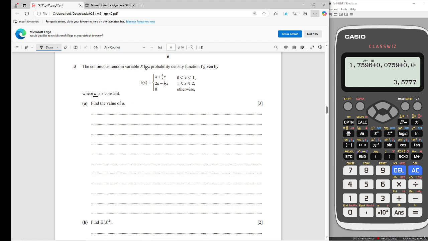So doing this, let's integrate a plus x by 5 with respect to dx, with limits 0 to 1. When we integrate this, we get ax plus x squared over 10.